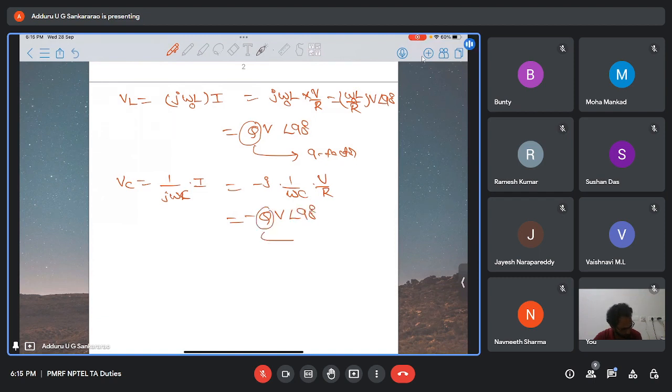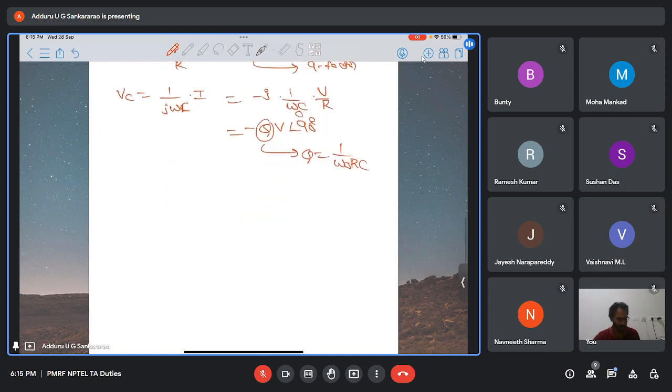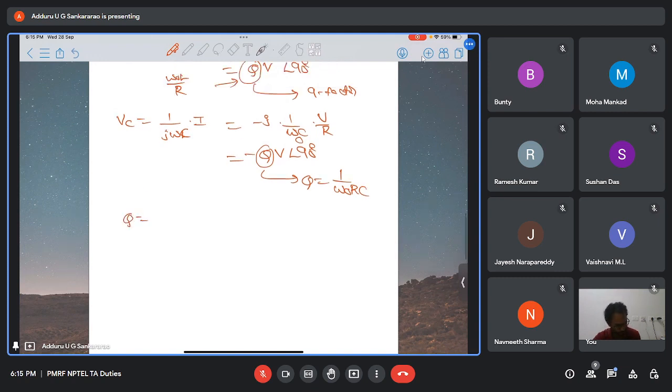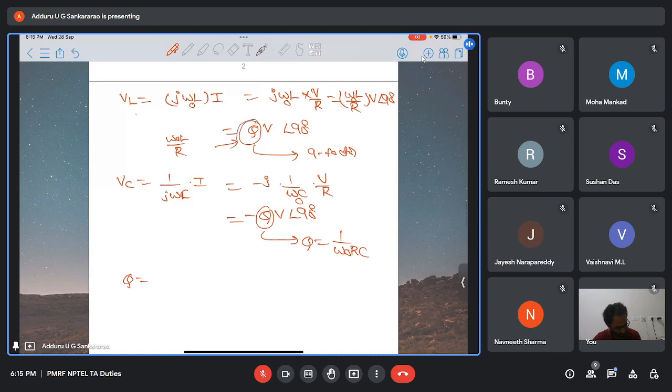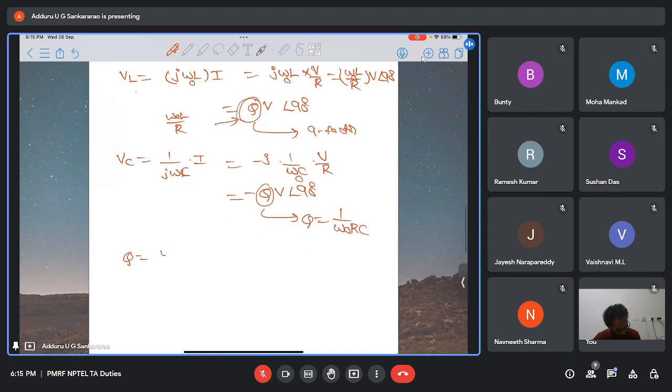So here Q is 1 by omega naught R C. Here Q is omega naught L by R. So this Q is called the quality factor of the series resonance RLC circuit. From VL I got Q as omega naught L by R, and from here it is 1 by omega naught RC.